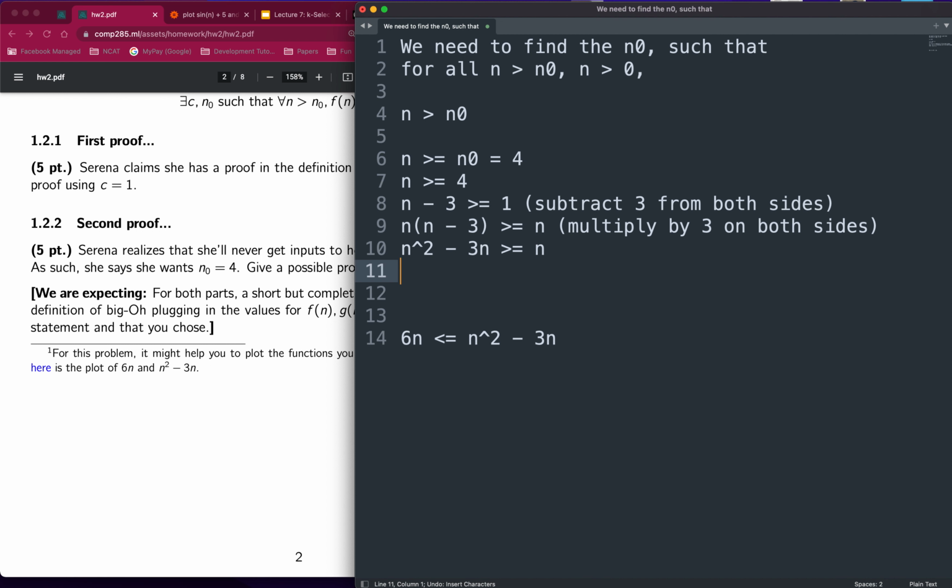If we multiply both sides by 6, we actually get 6 times n squared minus 3n is bigger than or equal to 6n, which in fact gives us a possible value of c. This is my c. My c in this case is 6. We have now figured out that for n bigger than 4, the below is true. Okay.